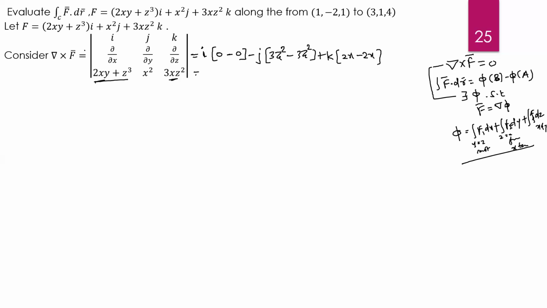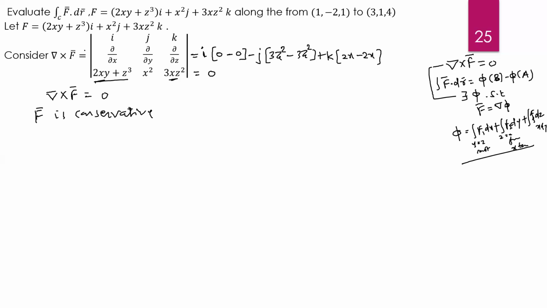So here we get the first term 0, the second 0, the third 0. So we get the null vector, that is, the curl of f bar is 0. It means f bar is conservative. Otherwise, you can also say f bar is irrotational. F bar is conservative.